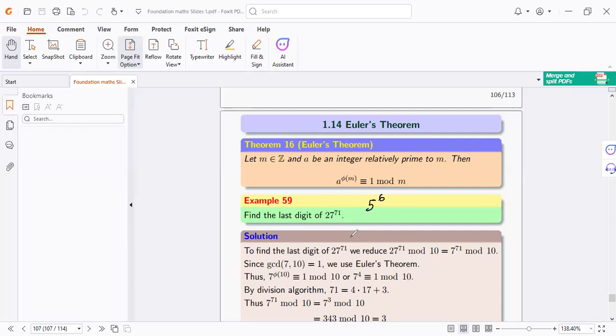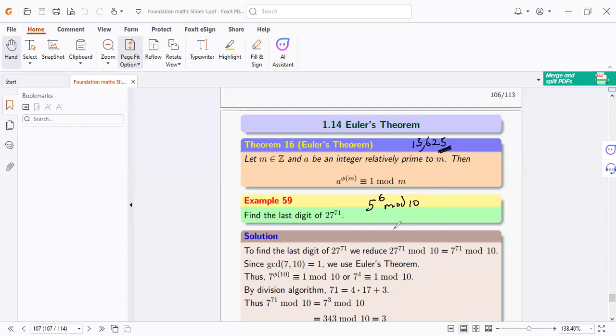My calculator says this number is supposed to be 15,625. But I'm only interested in the last digit. So I want to do it and find the last digit. I will do this question mod 10.